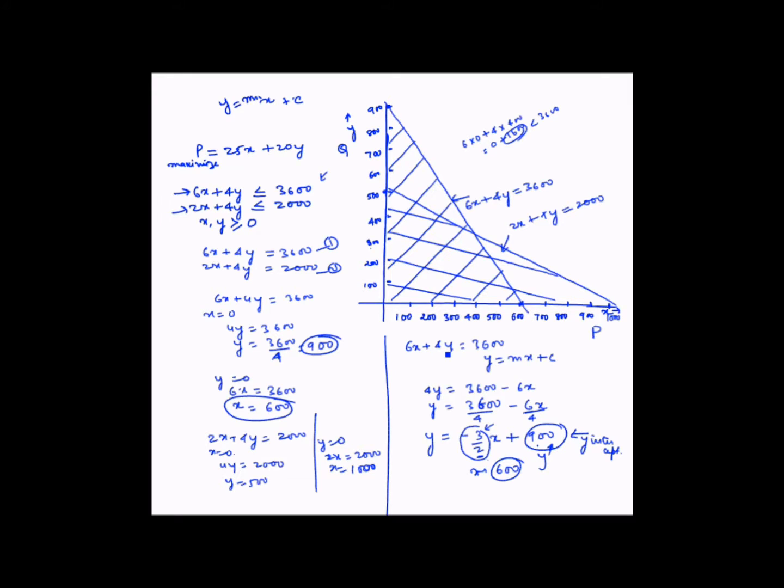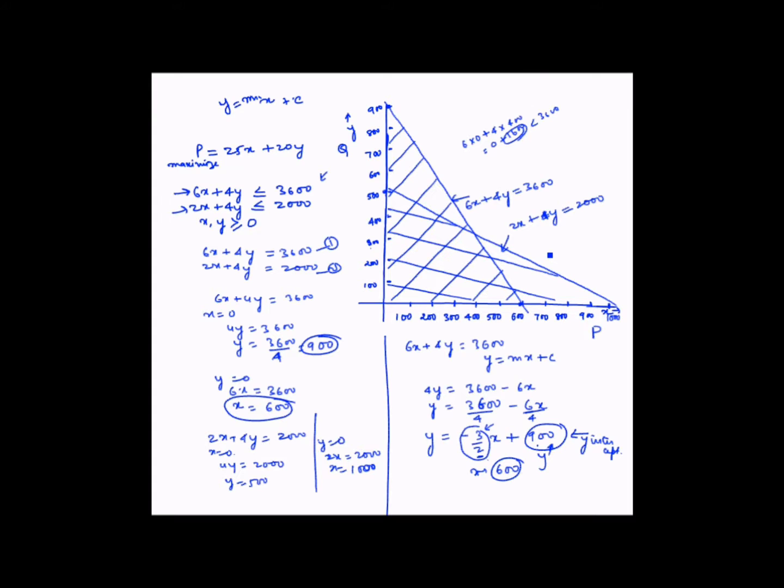So what that means is that every combination of values of x and y in this region provides a feasible solution. Now here the objective is to find the optimal solution so that the profit can be maximized.